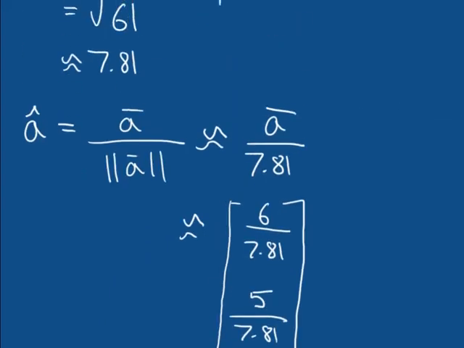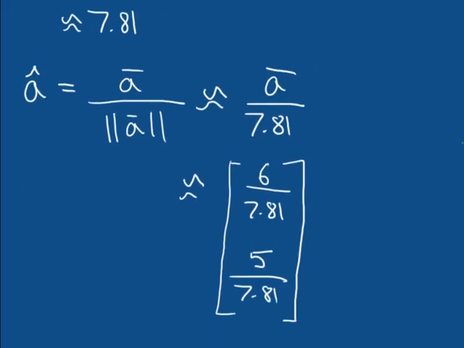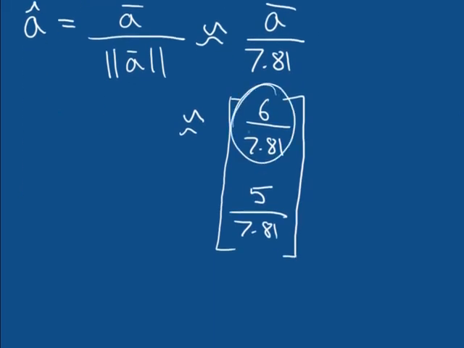Now, each time we're approximating values here, so for example, when we approximated the square root of 61, now if I approximate these divisions, we're obviously going to have some rounding errors, and that means if I was to work out the true length of this vector, it's not going to be exactly equal to 1 because of our rounding errors, but it should be close enough.